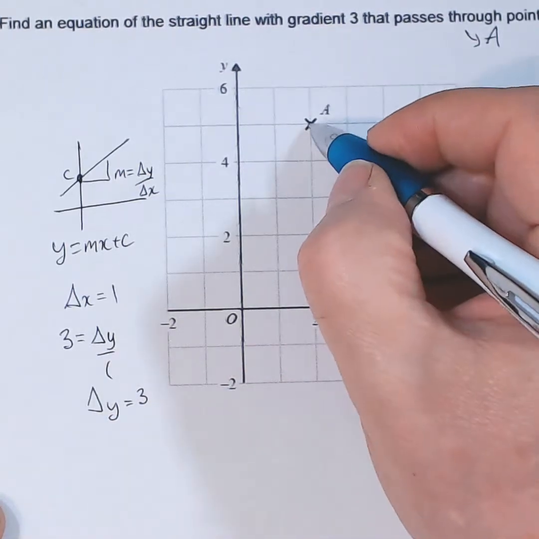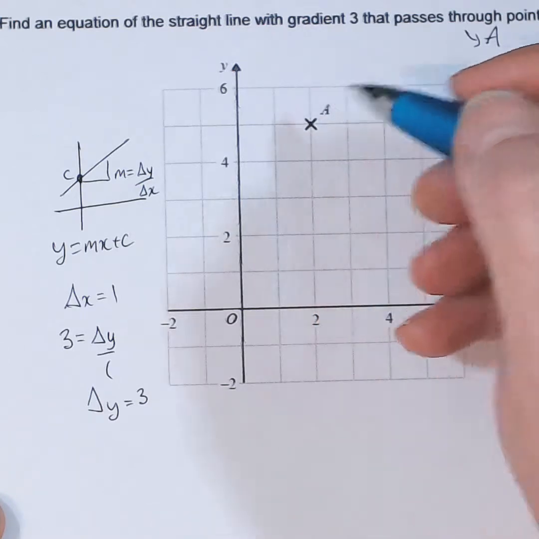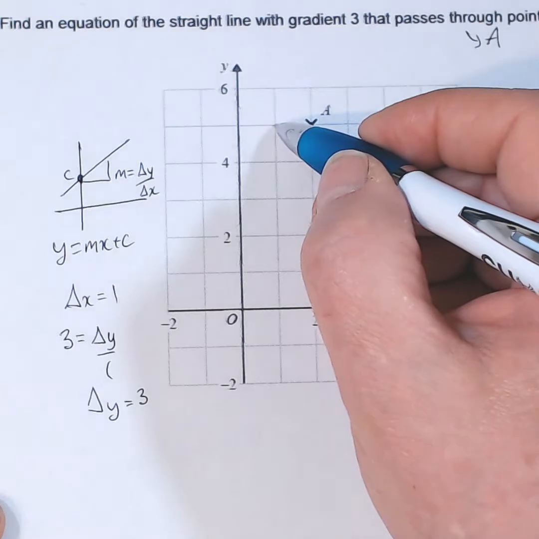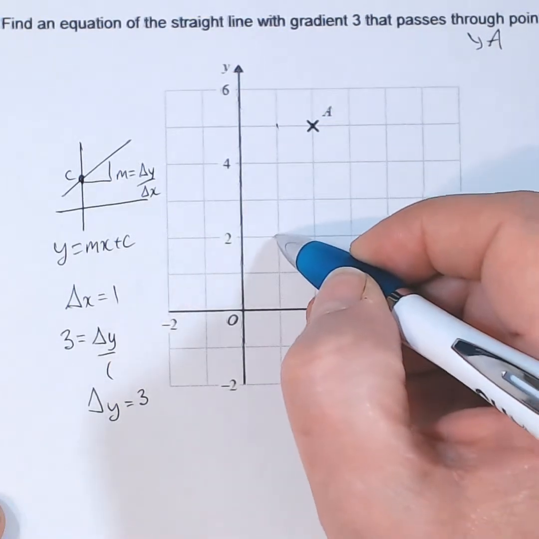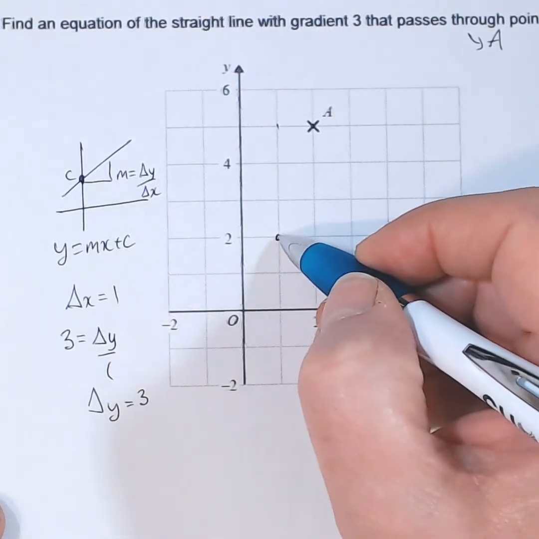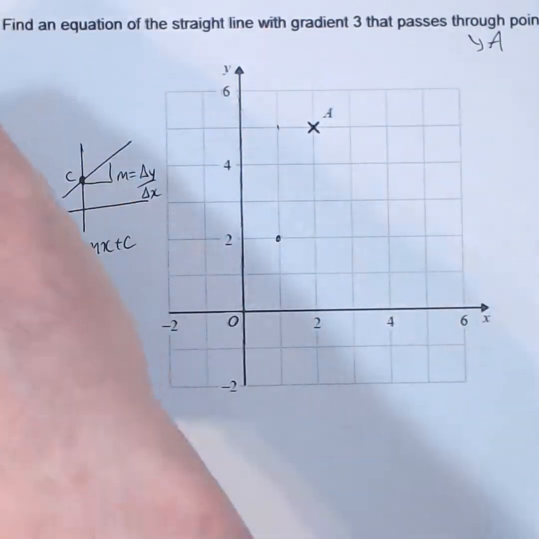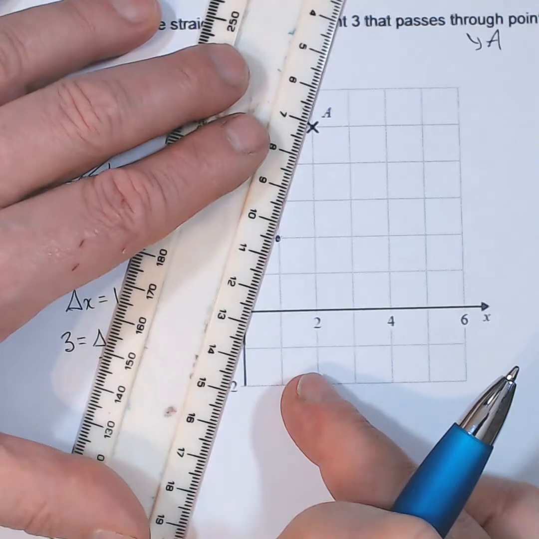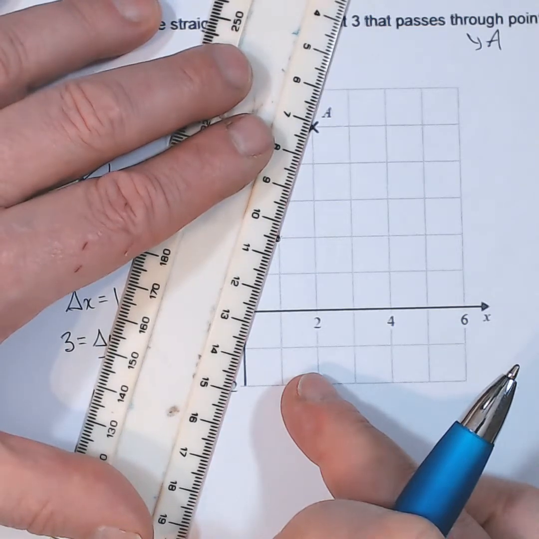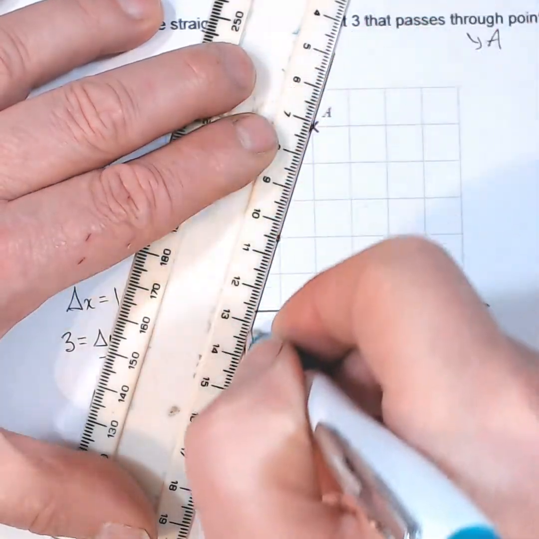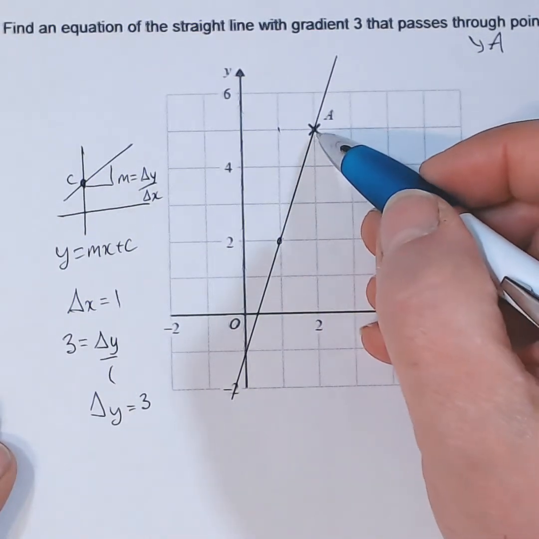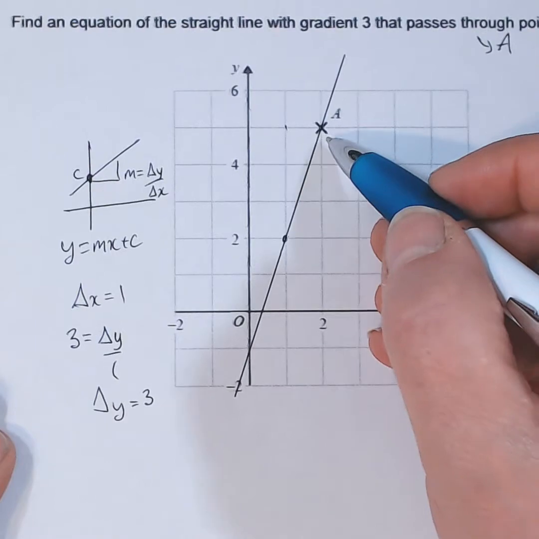So if I start with this point here, and I only change by 1, so on this scale I've gone across there, I had a change in y of 3. So that means I went to there. So basically, I know this graph is going to go through those two coordinates, and it's going to do that. And so now I've got this stage where I've drawn the graph.